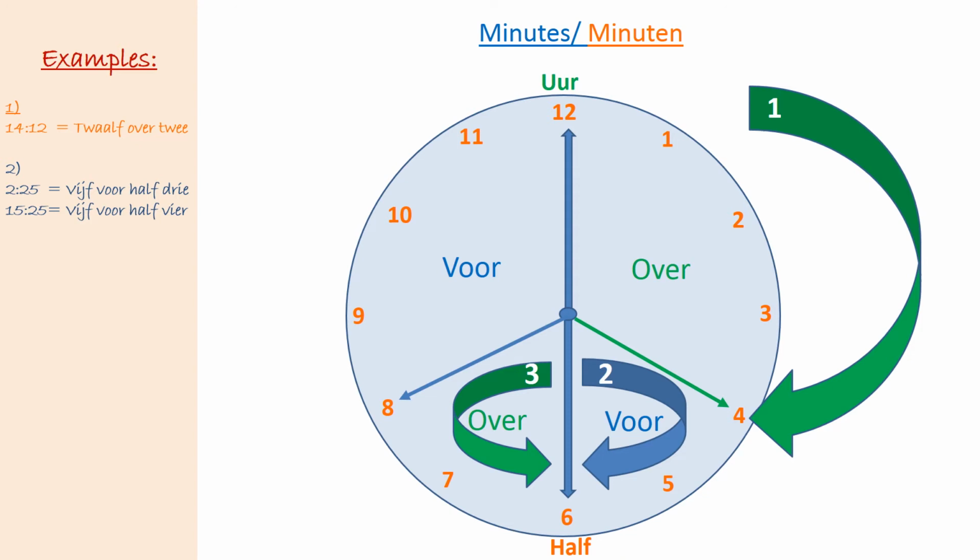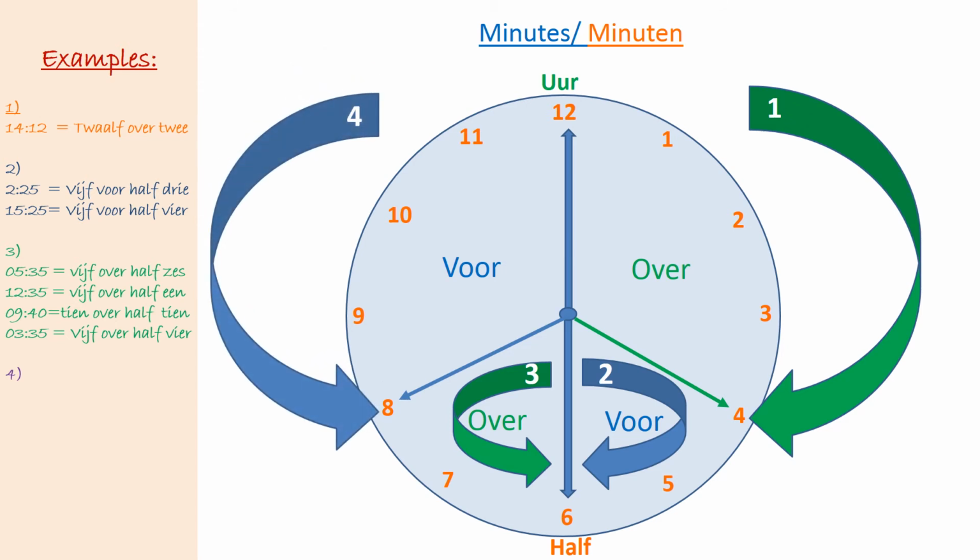It's so difficult for me too. 5:35 is 5 over half 6. 12:35 is 5 over half 1. 9:40 is 10 over half 10. And 3:35 is 5 over half 4.